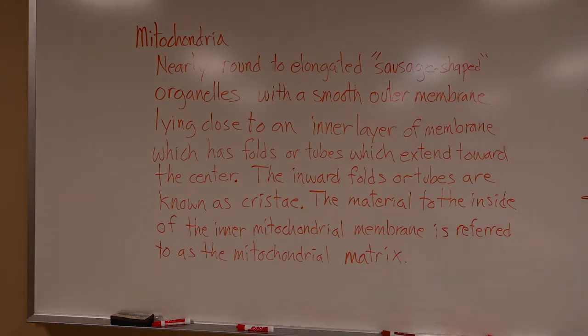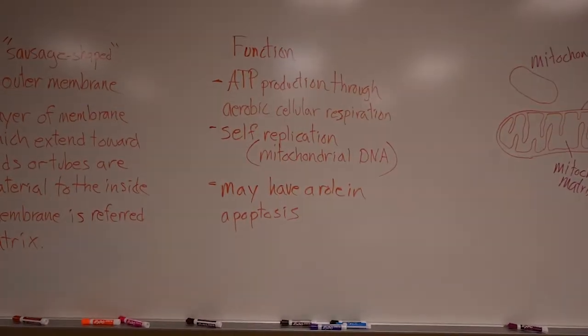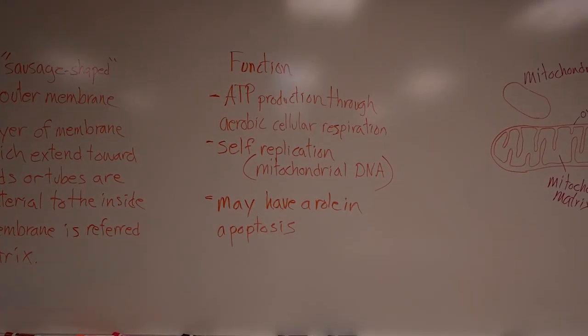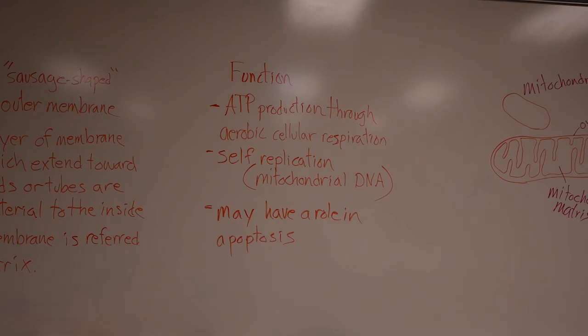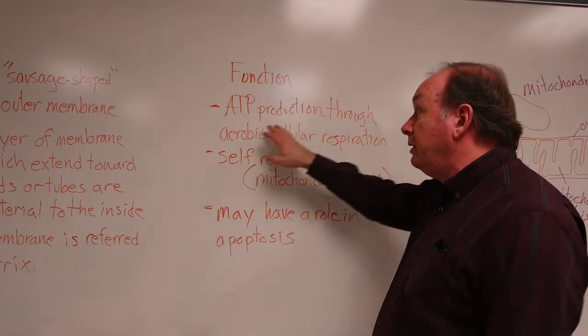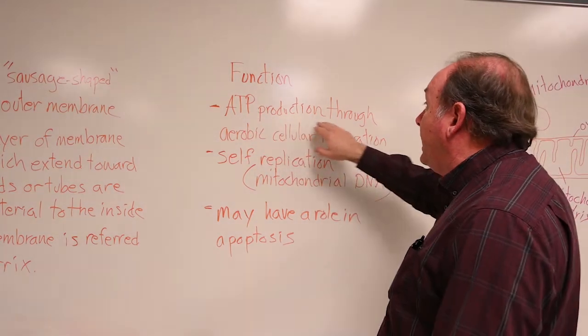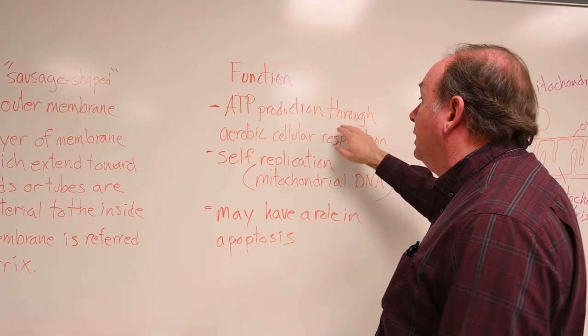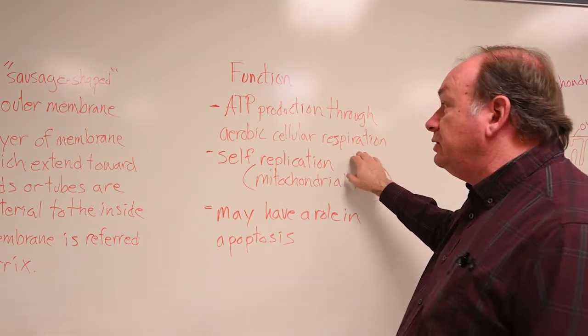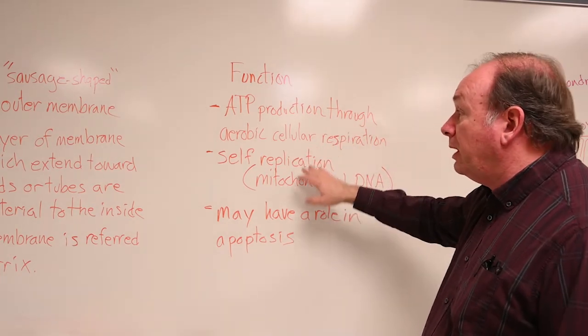Now look at the function. Here we have three different functions identified, the primary function being the first one here, ATP production by aerobic cellular respiration. That's the main reason why we have them.